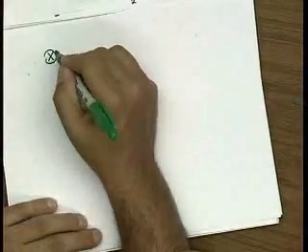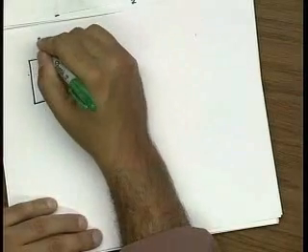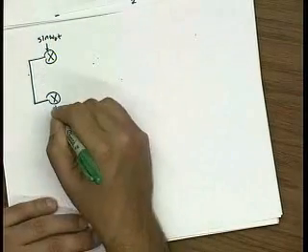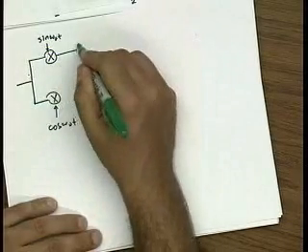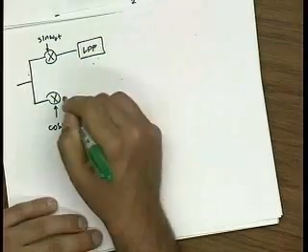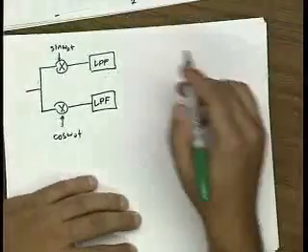What I'm going to do now is try to show you how this image rejection scheme works based on what we've learned so far. So first of all, I'm going to put in low-pass filters to get rid of the up conversion. I'm just going to focus on the down conversion.